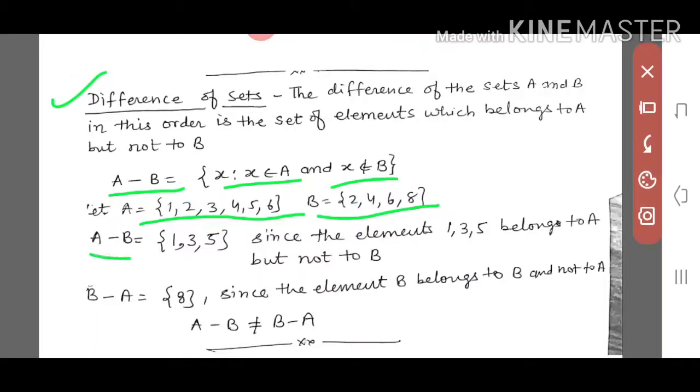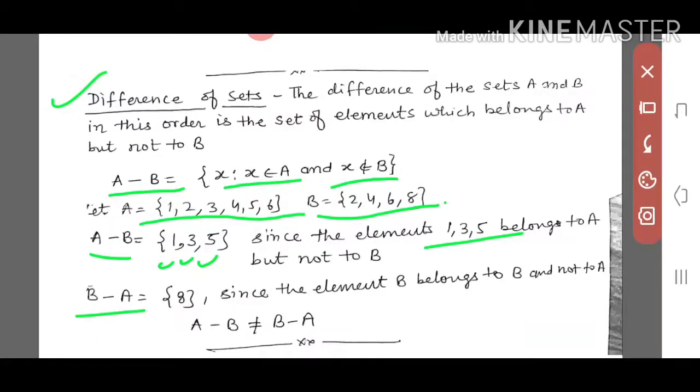Now you write A minus B. A minus B means you write the elements of set A which do not belong to set B. Here you can check: 1 does not belong to B, so you write 1. 2 belongs to B, so you do not write 2. 3 does not belong to B, so you write 3. 4 belongs to B. 5 does not belong to B, so you write 5. Now 6 belongs to B. So only three elements, since the elements 1, 3, 5 belong to A but not to B. So A minus B is {1, 3, 5}.